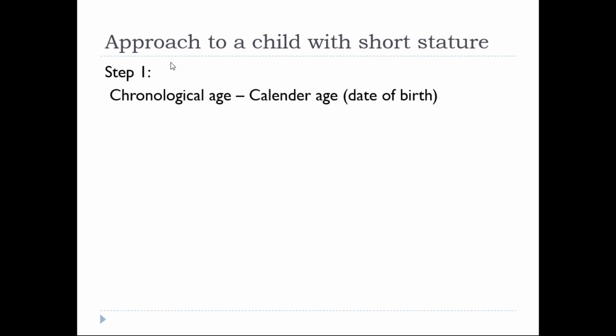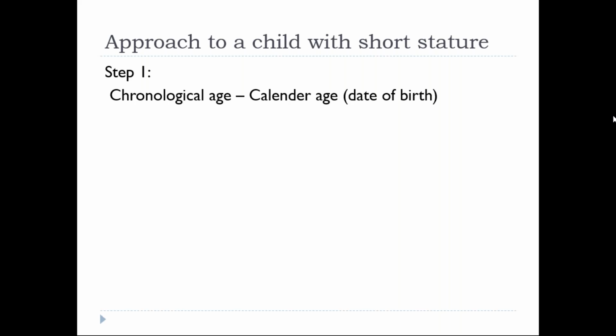A very important tip would be, if they don't remember the date of birth, you can ask the year of the birth and the month of the birth. In case they don't, you can check from the vaccination card, from the birth card, from the Aadhaar card. Nowadays most of the parents do have a date of birth, but still, if you don't find it, at least get the year of birth.